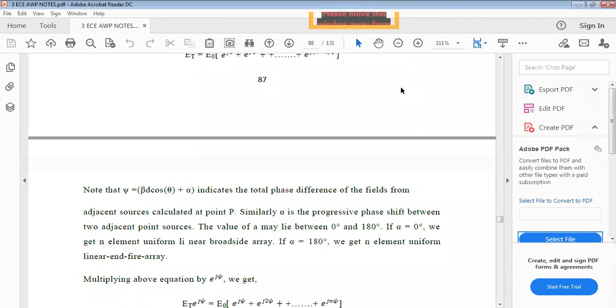Simply, we consider two point sources A0 and A1. These two antenna elements are spaced apart by a small distance d between them, and P is the point of observation.